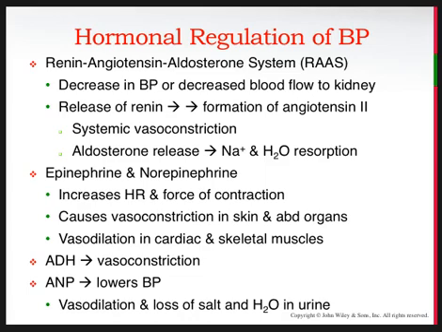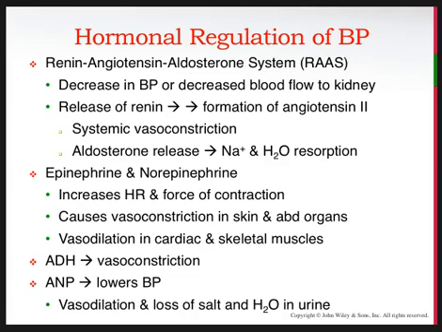Another way that we're going to hormonally regulate blood pressure is through the catecholamines. Specifically, epinephrine and norepinephrine are going to come from the adrenal medulla. Those two hormones are going to increase heart rate and force of contraction, so that heart is going to beat faster and with more force.